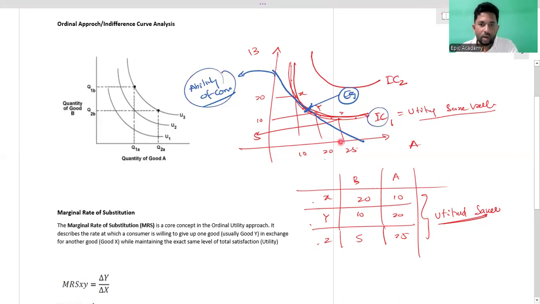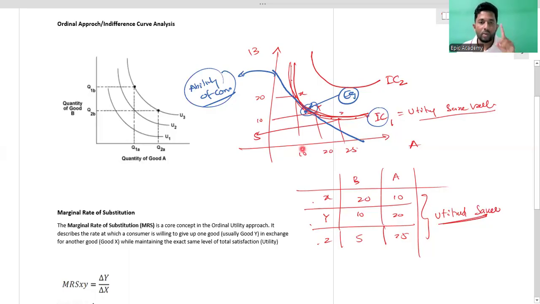So what happens to the IC curve? It displays the expectation of the consumer, that means the satisfaction of the consumer. So expectation and ability cross together, equal together. That's the meaning of consumer equilibrium.